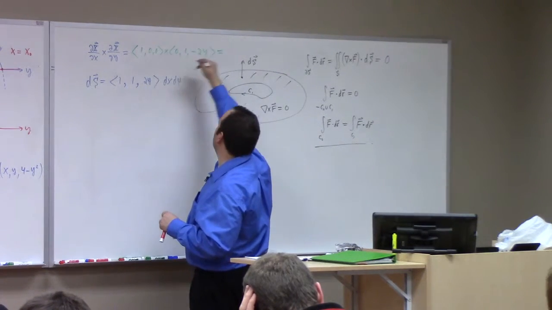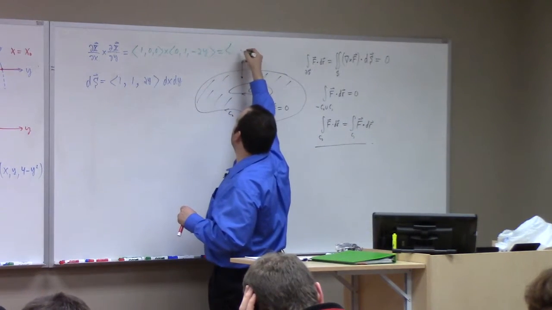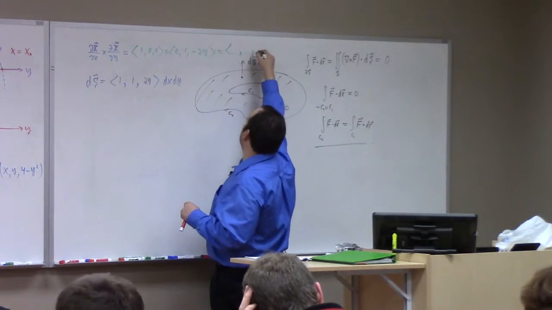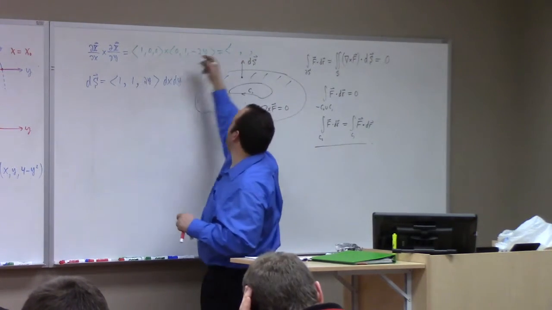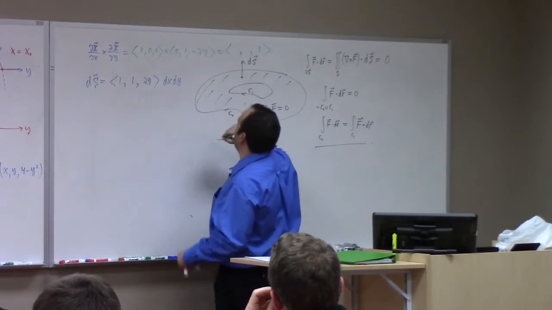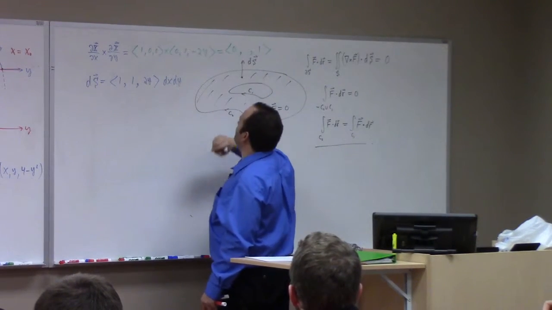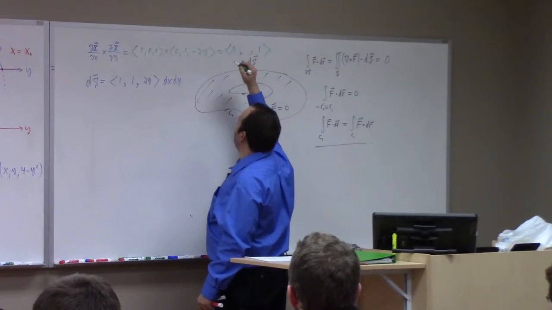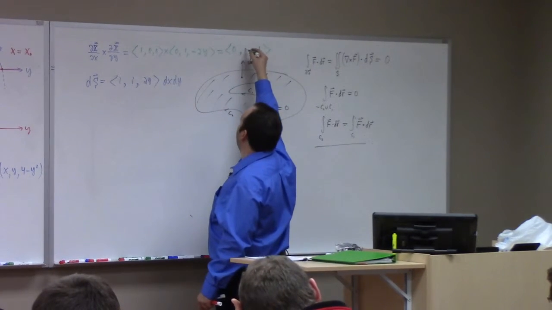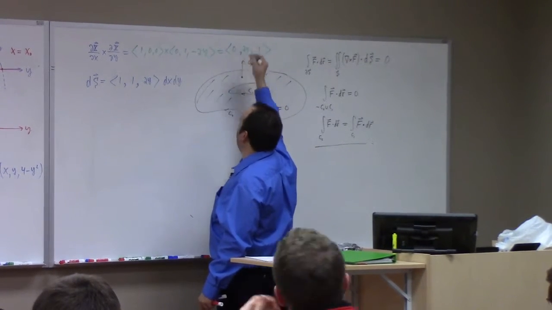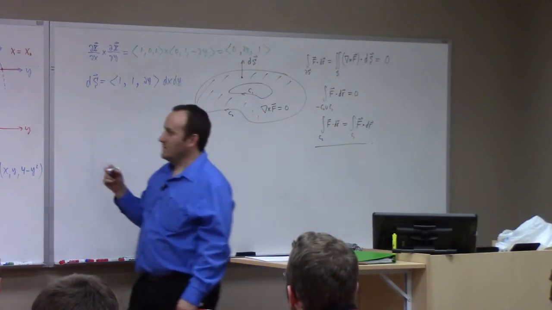Let's see here. Well, the last one is 1. Ah. Okay. That's better. 0 minus 2y, sorry. Positive 2y. Now that makes sense, right?